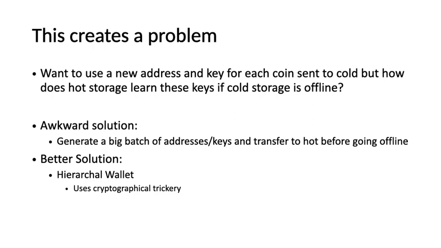It will be removed from the hot storage, but will not be available in the cold storage until the next time it connects online. So now we have a problem with how do these methods know the addresses or keys to switch back and forth if they're not online communicating.